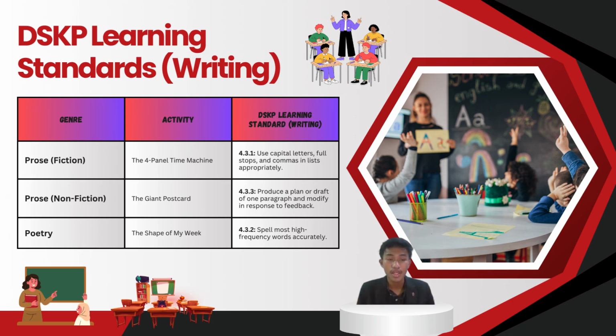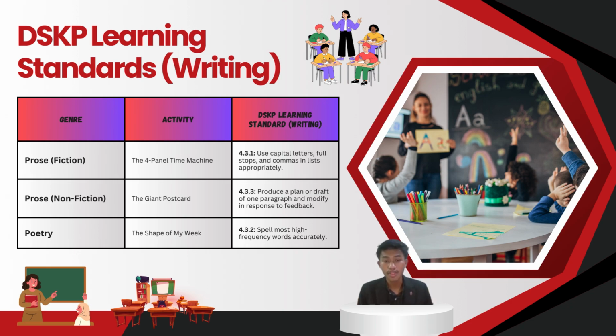in a list appropriately. The second one is prose in non-fiction, and the name given is the giant postcard, and the DSKP that aligns with it is 4.3.3, which is produce a plan or a draft of one paragraph and modify in response to feedback.